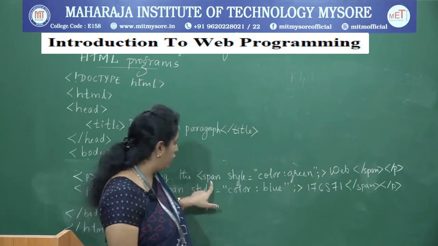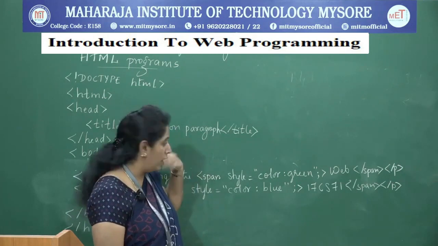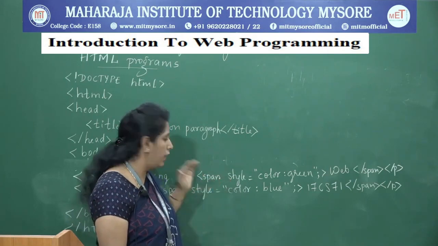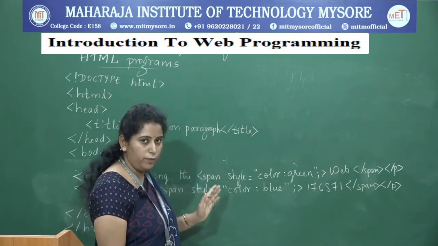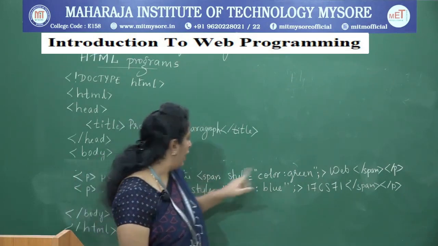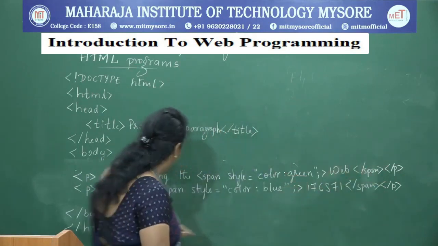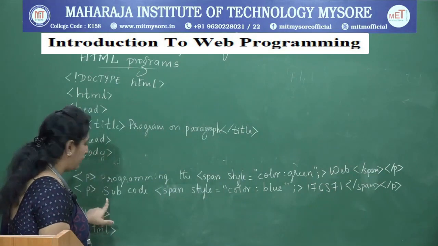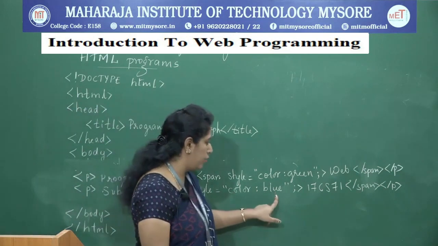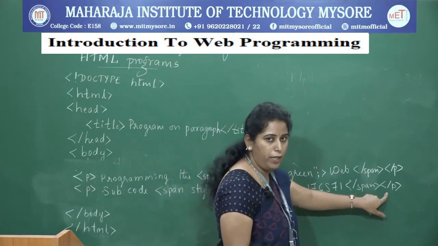After that you can notice the span tag is used for the text which should not start on a new line, because its functionality works like that. Then the open span tag should be closed and also the paragraph tag should be closed. Likewise for the second line, subject code, then span, the color I am assigning is blue and the content is this. Close the span, close the paragraph tag.